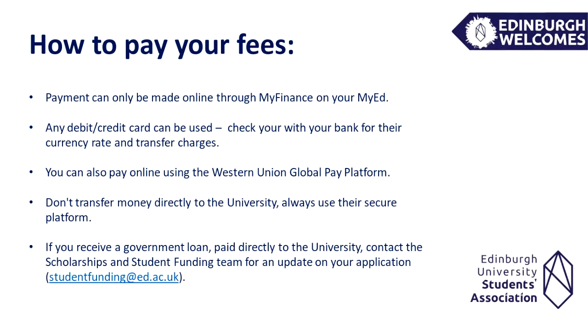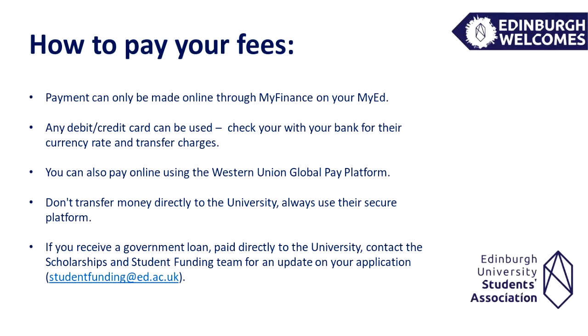You can also pay online through the university's Global Pay platform. And I would just say not to transfer any money directly to the university using a bank transfer. Instead, use their secure platforms, the Global Pay platform and My Finance in MyEd.